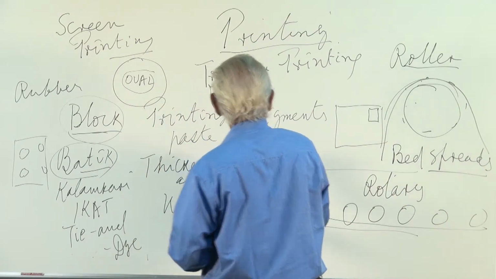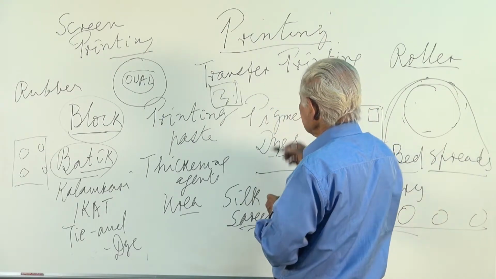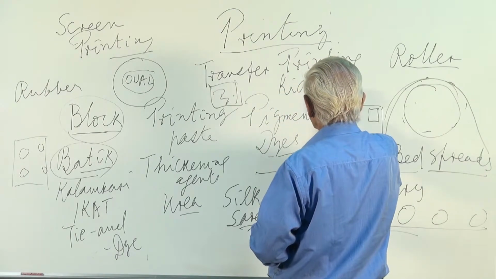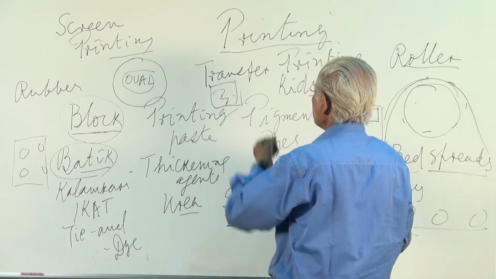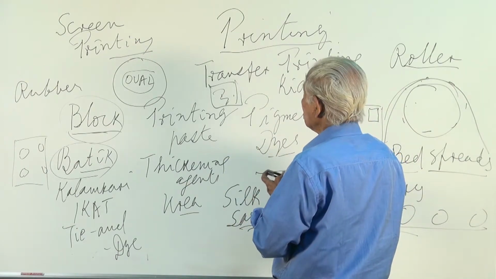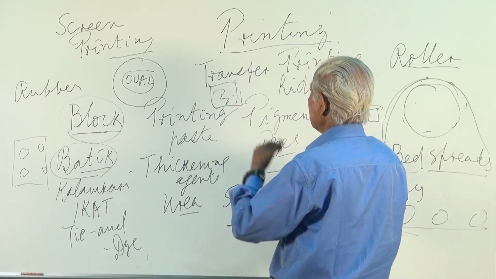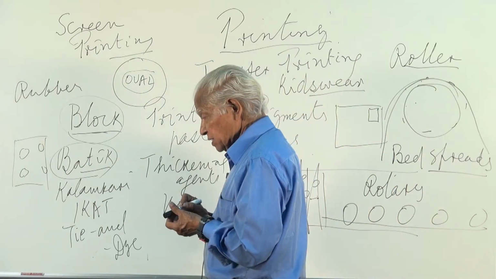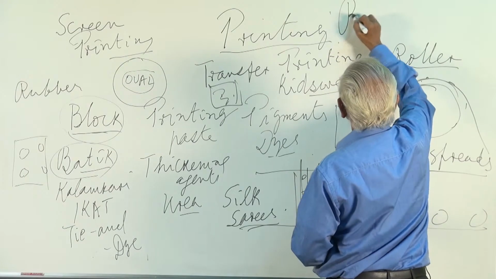This transfer printing was applied to the kids' wear. And the production rates are quite high in this transfer printing. But the only thing is the fabric has to be polyester. Otherwise the dye may not be taken up by this. Then there is a very interesting method of printing which is called burnt out printing.